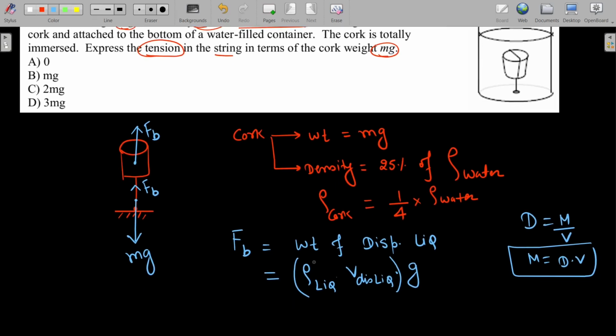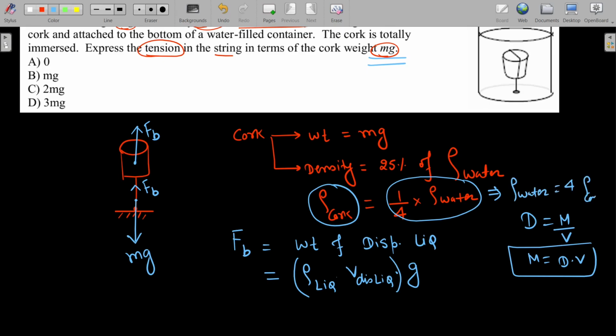Now, my answer should be in terms of weight of cork, so I will try to write everything in terms of cork. We have the density of cork and density of water relation. Density of cork is 1 by 4th of density of water, so density of water is equal to 4 times density of cork.